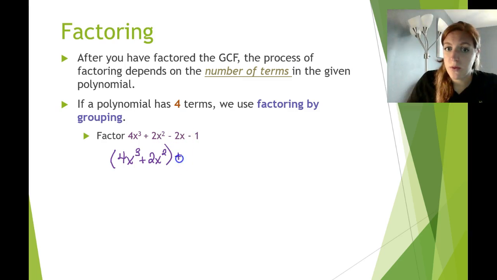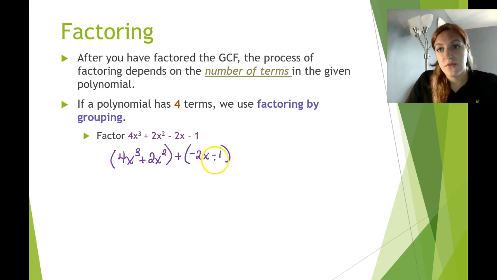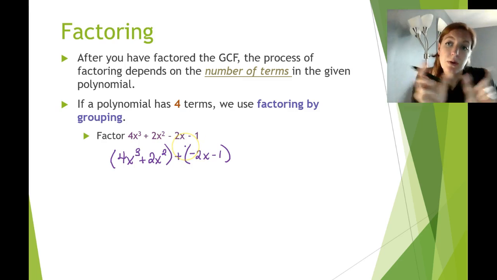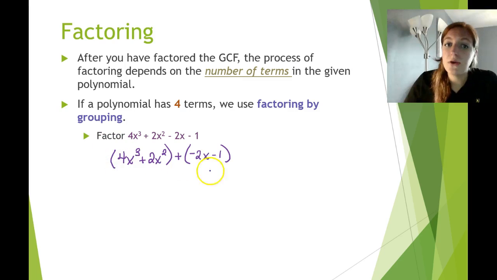So I'm going to throw a plus between these 2 terms. Because if I had that negative out front, that would mean I'm multiplying by a negative to everything, and we want to make sure we don't mess with that -1 at all. So whenever there's a negative, just apply it to the 2 and throw a plus in between there, because we want to make sure that you're adding. Now you've grouped, that was step 1, grouping by addition.